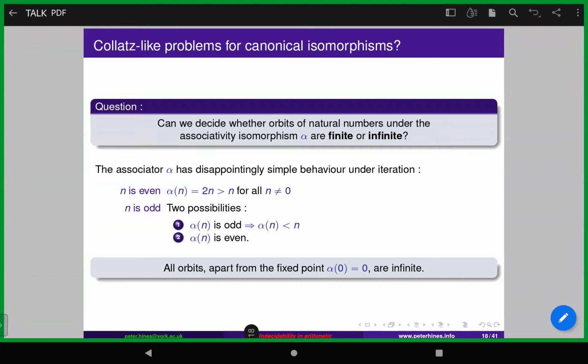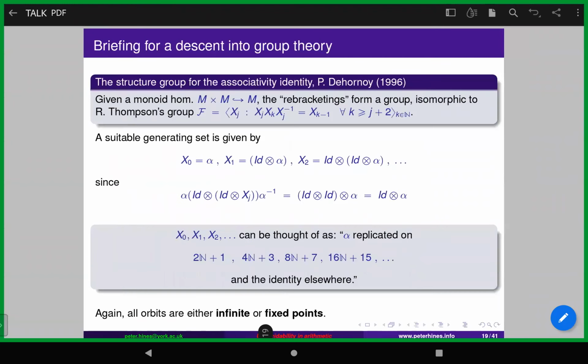So we see congruential functions appearing in models of logic in a very fundamental way because we need them to deal with associativity, but they're not interesting. At least they're not interesting in terms of collapse-like problems, but in terms of other topics in mathematics, they can be interesting. So let's have a look.